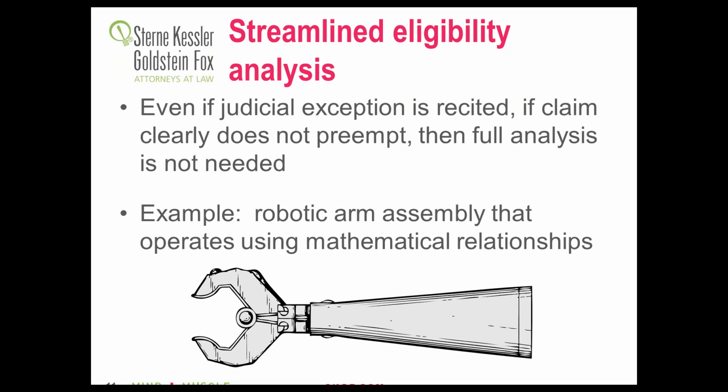Now, there probably is an abstract idea in this case, mathematical relationships. But the robotic arm assembly is such a specific application of those mathematical relationships, there's so much more to it than just that abstract idea, that it would be a waste of the examiner's time to really go through the full Mayo analysis. And so examiners are permitted to streamline that analysis and simply say, okay, this is statutory under 101.